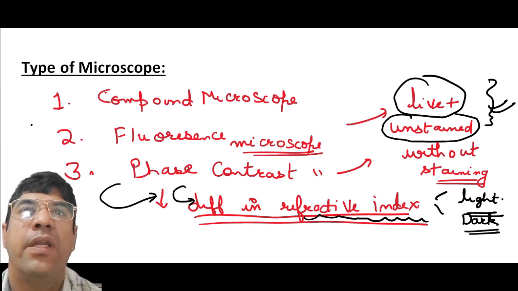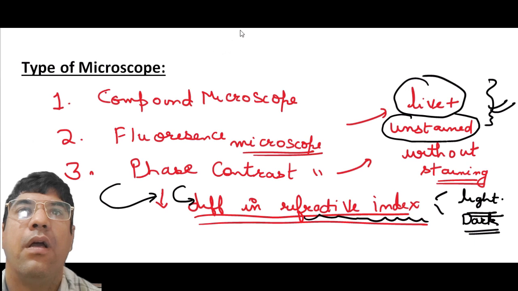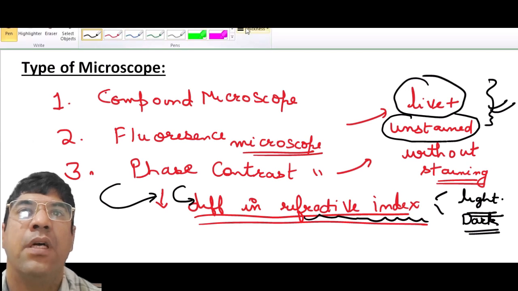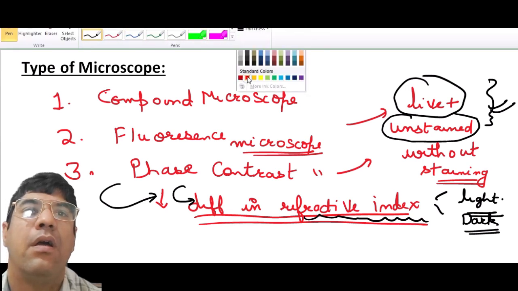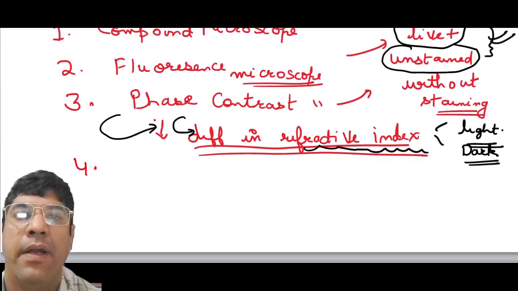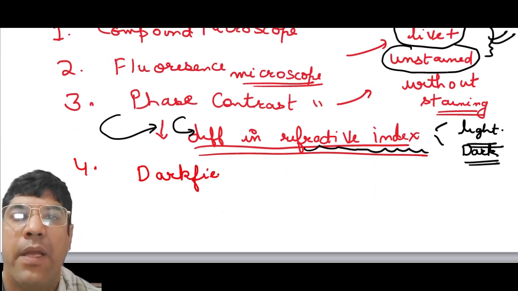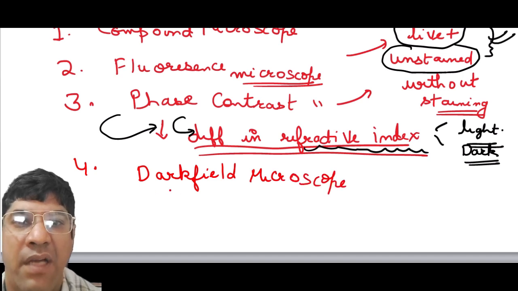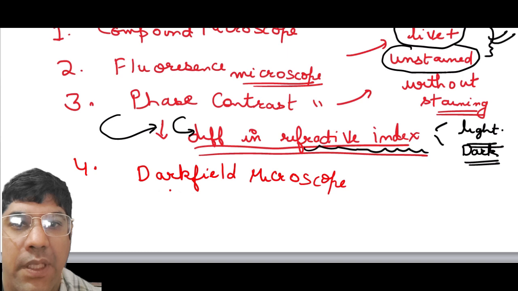The fourth one is the dark field microscopy. So the dark field microscopy is used for visualizing the live unstained microorganisms.